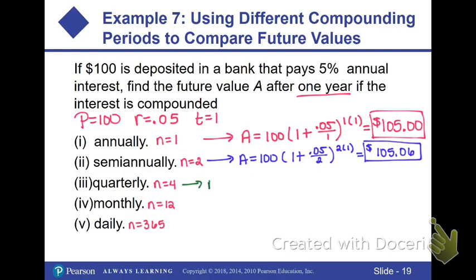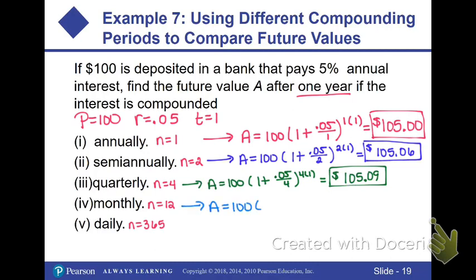All right, and then when N is 4, same formula, same thing, except where N, it will now be 4. And so we plug that in and we get 105.09. N is 12, so I'm going to plug in the 12.